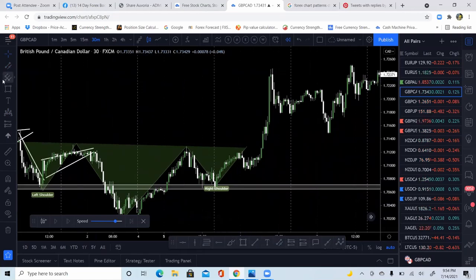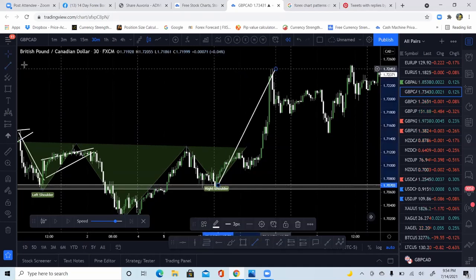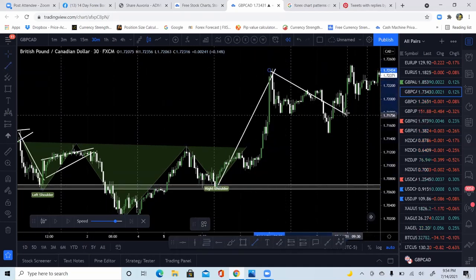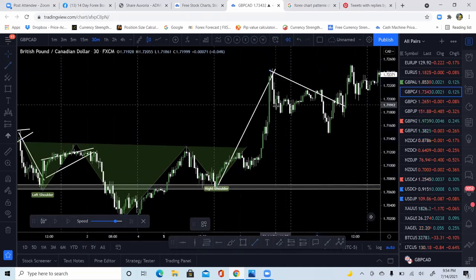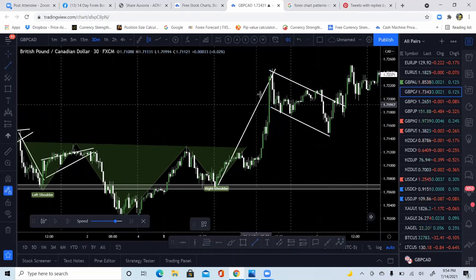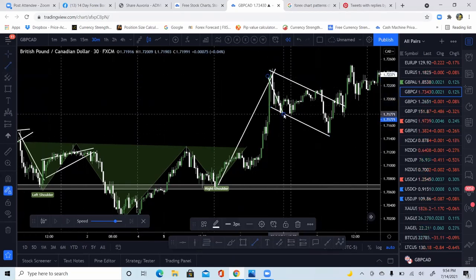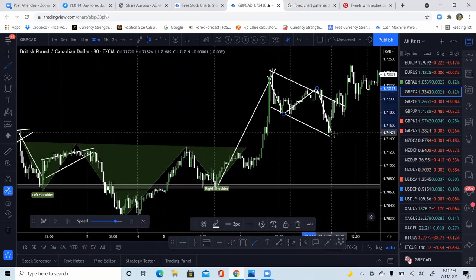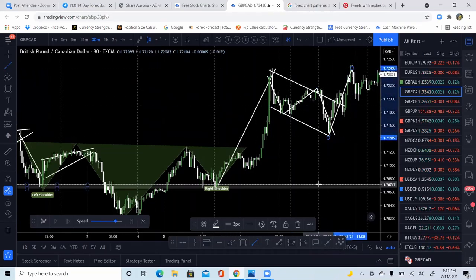But look what it created right after that first move up. These patterns repeat themselves over and over again. You have a flag pattern here and a cleaner flag pattern. And then that move created itself back up.